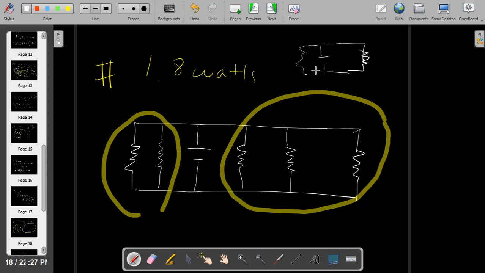1, 2, 3, 1, 2, 3, 4, 5. So what I'm going to do, you could break them down into the 2 different ones, but then you would still have to notice they're still in a parallel format. I would still have to add them as parallel resistors.